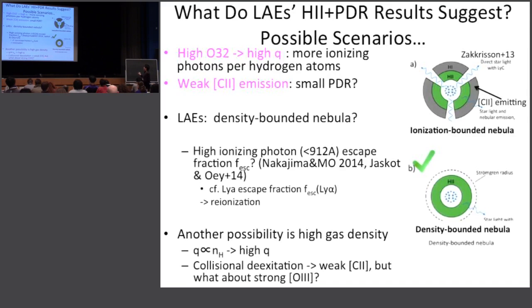But in this case, what about having the strong oxygen-3 forbidden lines? You still have the other strong forbidden lines in the HII regions, although carbon-2 is coming from the photodissociation region. So maybe it may be difficult to explain with this.